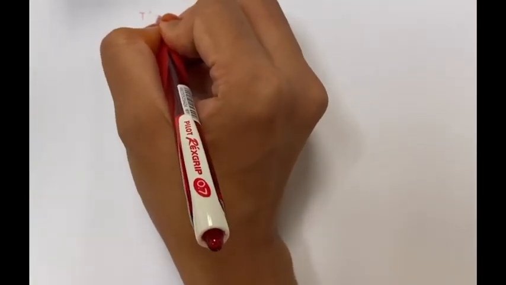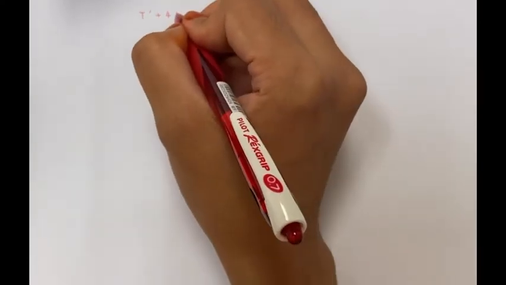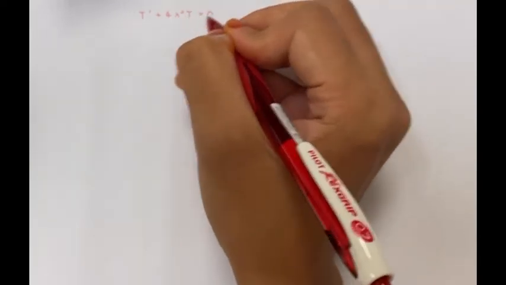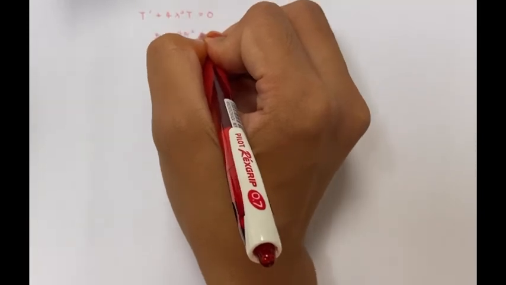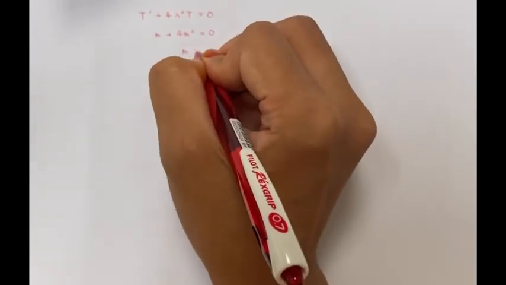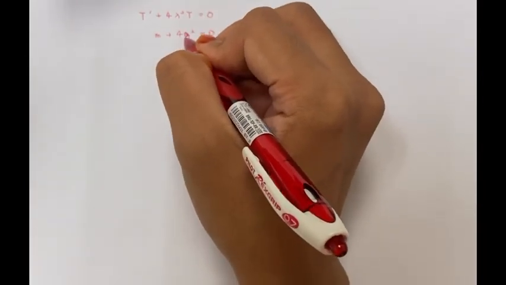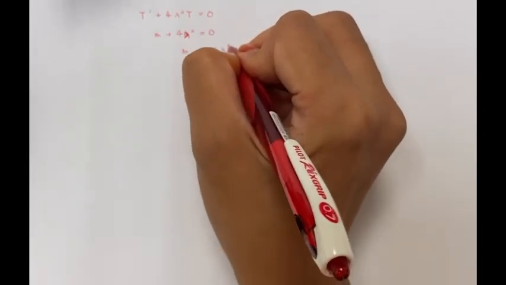T prime plus 4, substitute k with negative λ square, so you have equal to 0. So m plus 4m square equal to 0. M is equal to, no, this is mλ square. Sorry, mλ square. So m is equal to negative 4λ square.